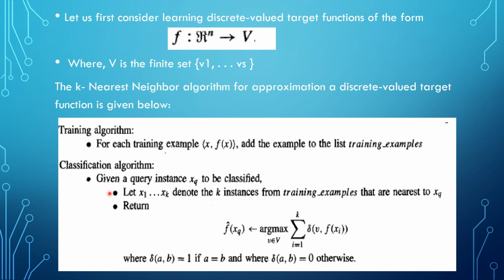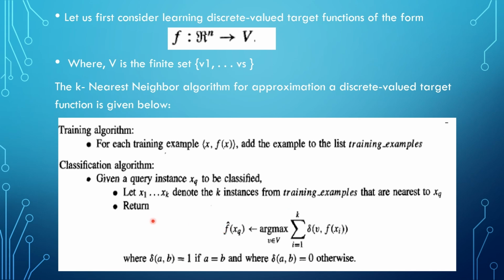Here, first, we have an instance xq which is to be classified, and let x1 to xk denote the k instances from the training examples. The training examples are a training data set, where x1, x2, x3 up to xk are the training instances stored in the dataset, and these are the nearest to the instance xq which needs to be classified.